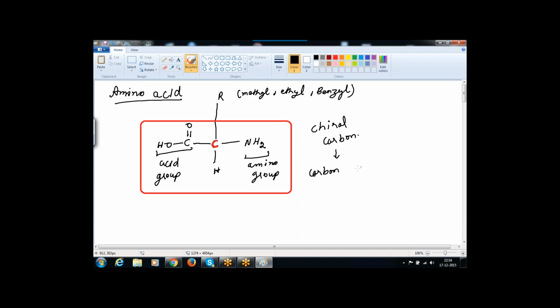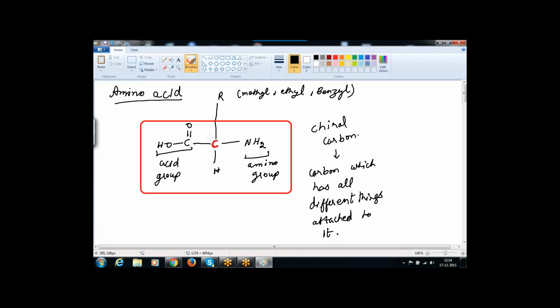Carbon which has all different things attached to it will be called a chiral carbon.